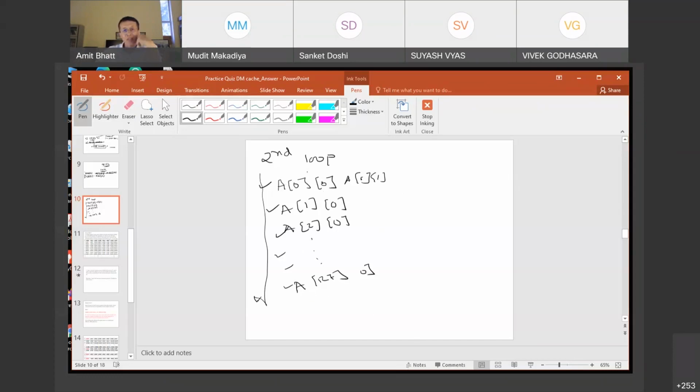So if you want A[0][0], you have to get the first block, which is A[0][0], and then A[0][1], and then A[0][7].